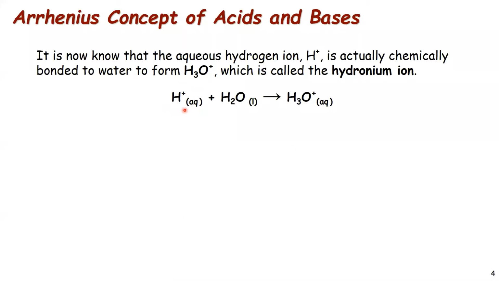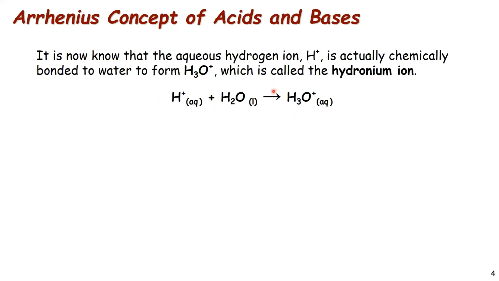Now the hydrogen ion itself, again, this is just a proton. It doesn't actually exist in solution. It has a very high charge density. Since it's so small and it has a full +1 charge, it really attracts the polar molecules that are around it. In fact, it attracts them so much that it actually forms a chemical bond to form the hydronium ion, H3O+. So keep in mind that H+ does not exist in water, ever.